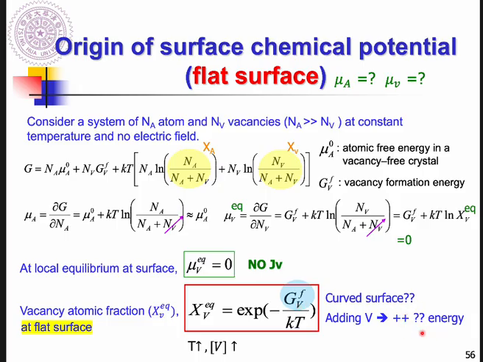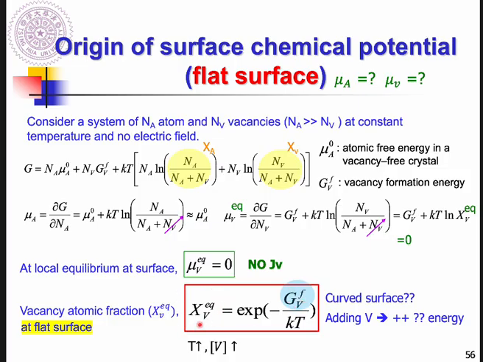Which means that you probably need to put more energy to push the vacancy onto the curved surface, right? So if the system is now a curved surface instead of a flat surface, you need to modify this term.